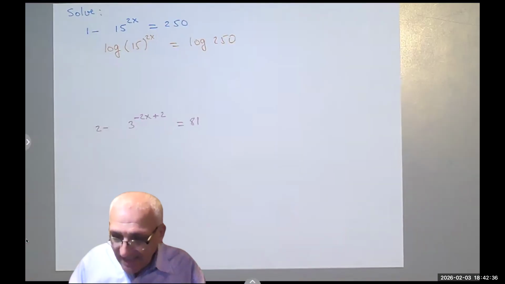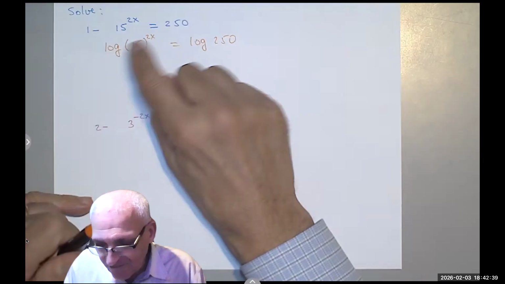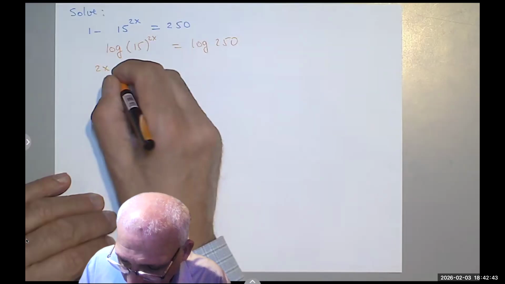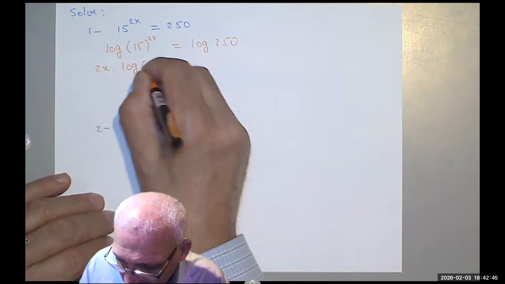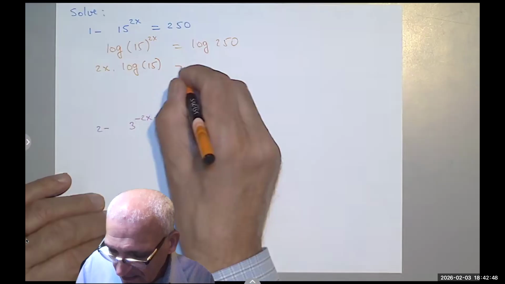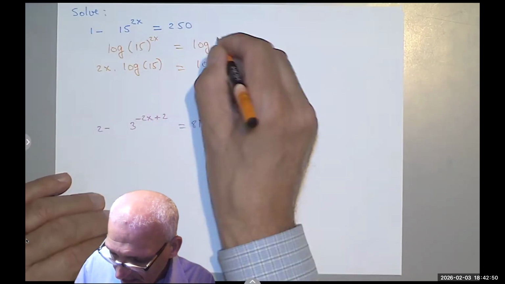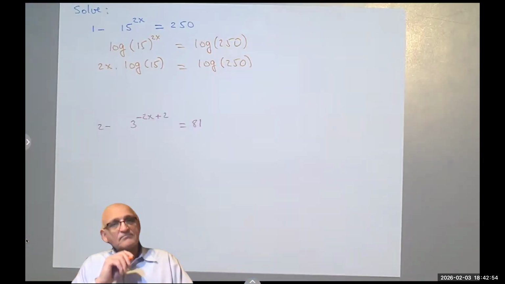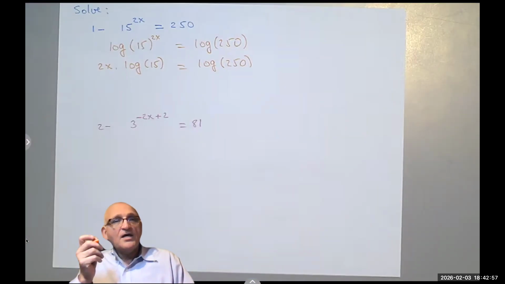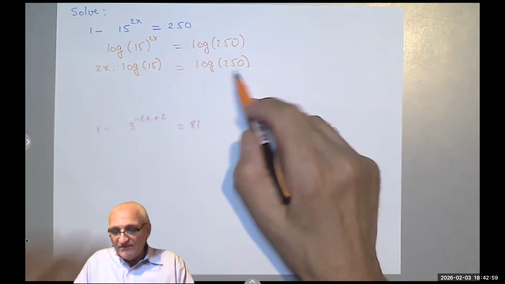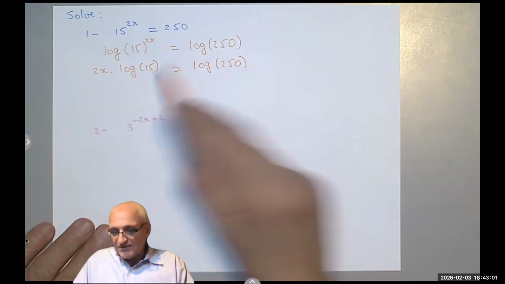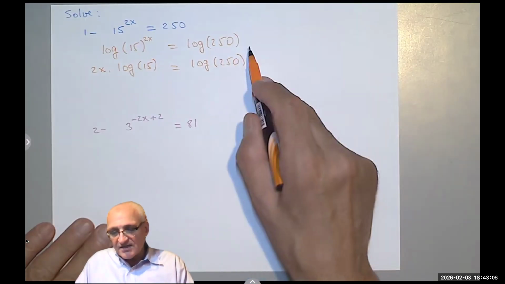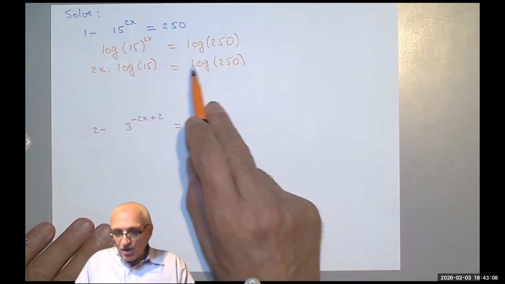Now, remember we said log of a to the power of b equals b times the log of a. Now, unfortunately, 250 is not a power of 15. If that was 225, it would have been log 15 squared, which can be written as 2 log 15.